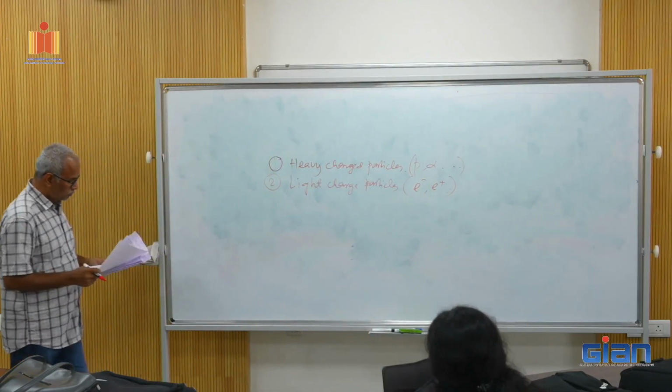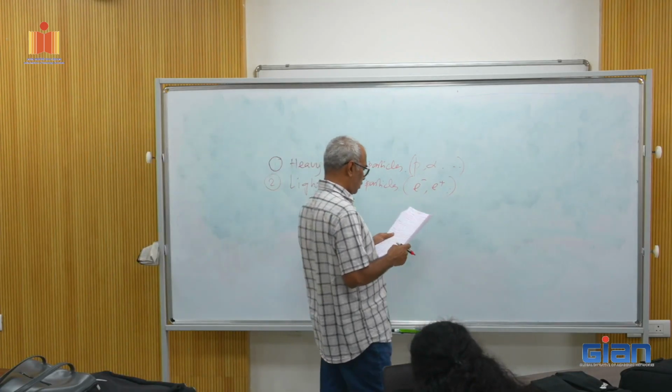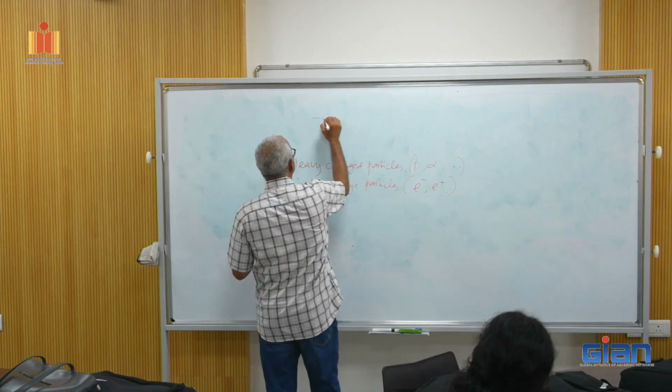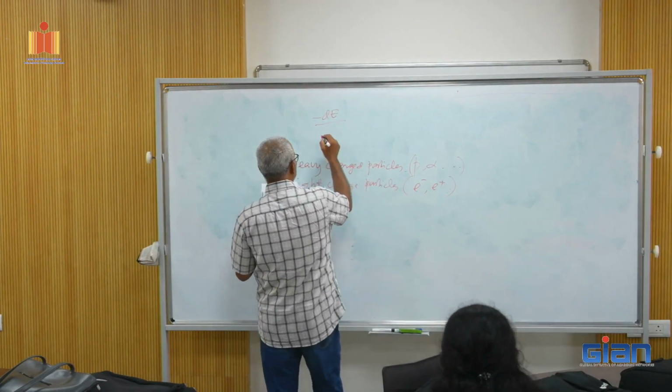Okay, let's come back to the formula that I wrote. From there, we'll start explaining. I'll explain a little bit more about the formula later on in the next class.